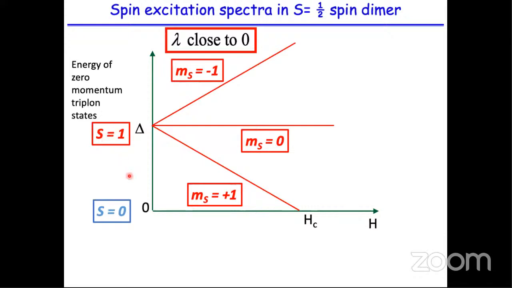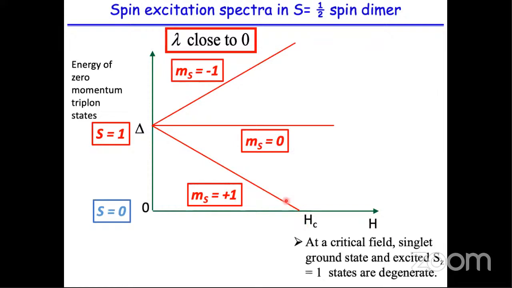Now, once we apply the field, as you know, due to the Zeeman splitting, this S equal to 1 manifold will be split into 3 MS states: MS plus 1, 0, and minus 1. And at a critical field, you have degeneracy between the MS equal to plus 1 state and the S equal to 0 state.